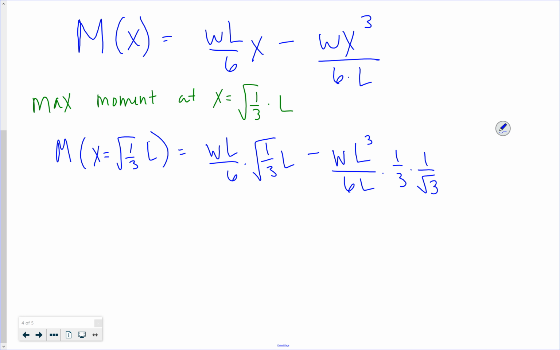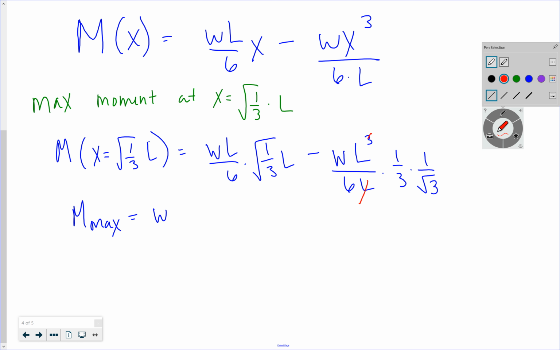I had this wrong in my notes. Okay. So let's see, maximum moment is, right, okay. This L goes away, this becomes a 2. So that's why we have L squared.